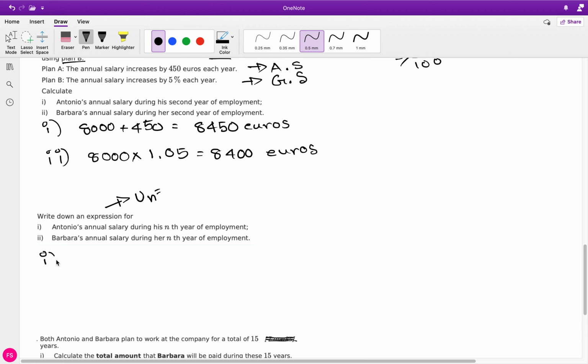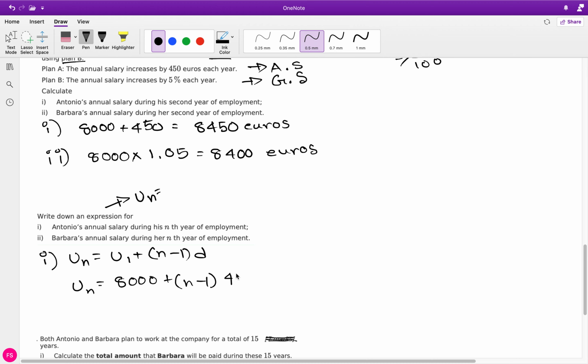Let me calculate Antonio's first. Because this is an arithmetic series, I'm just going to use the formula for an arithmetic series. Un equals U1 plus (n minus 1) d. I don't know what this n is. This is a general term. I'm just going to leave it like that. U1 is the first term, which is 8,000 in this case, plus (n minus 1) times the common difference.